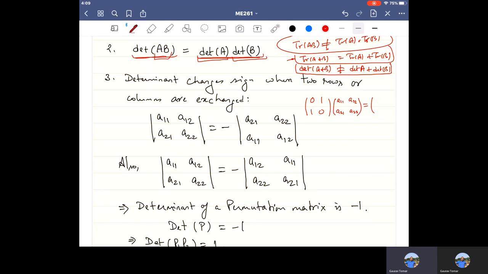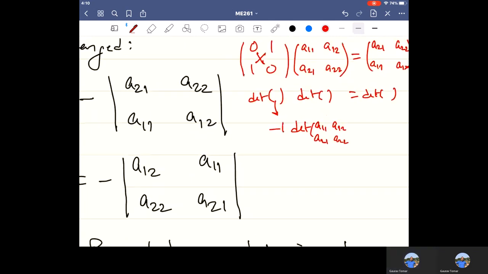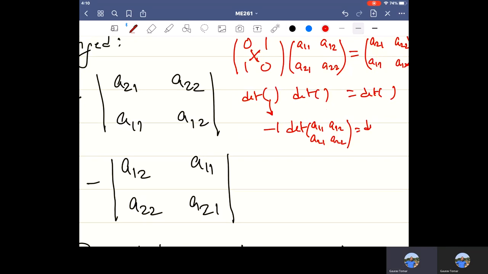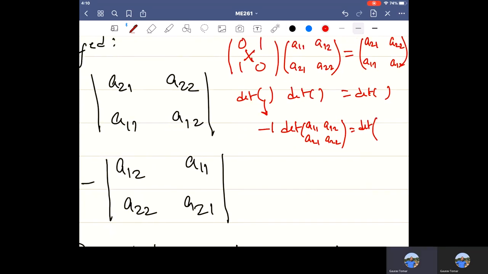Similarly, you get A22. Here you get A11, and here you get A12. And using the property that the determinant of this matrix into the determinant of this matrix is the determinant of the product matrix, the determinant of this matrix is nothing but 0 into 0 minus 1 into 1. So it's minus 1 into the determinant of A11, A12, A21, A22, which is equal to the determinant of the row exchanged matrix. This is A11 and A12.